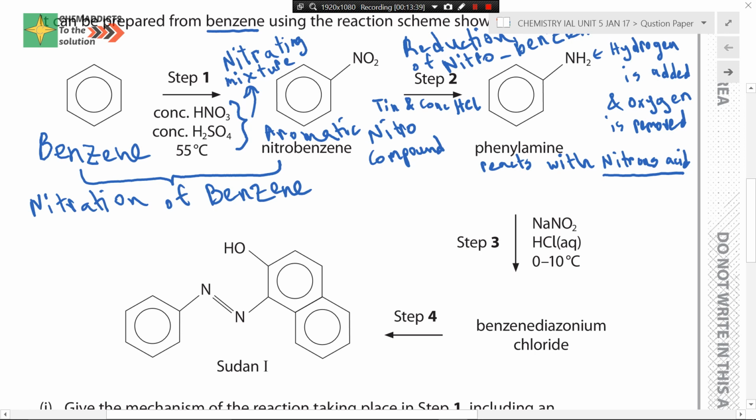Since nitrous acid is unstable, we need to prepare it immediately. So how am I supposed to prepare this nitrous acid? Just by reacting sodium nitrite with HCl. That's it. By mixing these two reagents, we get nitrous acid.